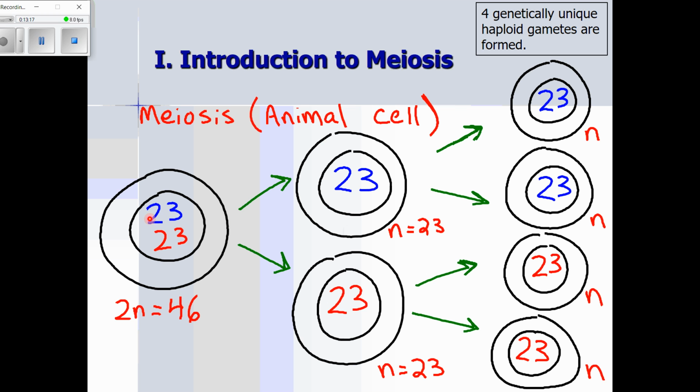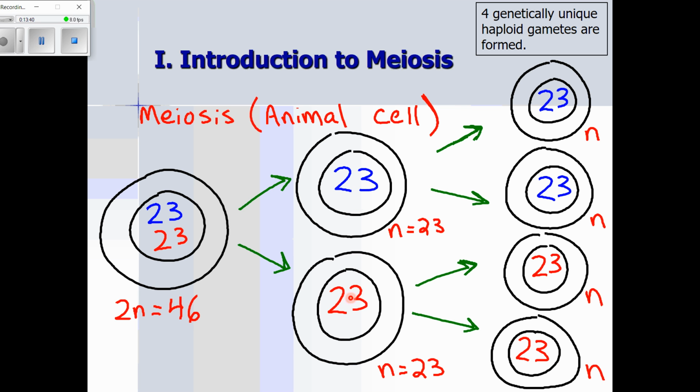We go from 46 chromosomes in this cell down to only 23 chromosomes in these cells. So that's the extra credit phrase that pays this week. Meiosis is reduction division.